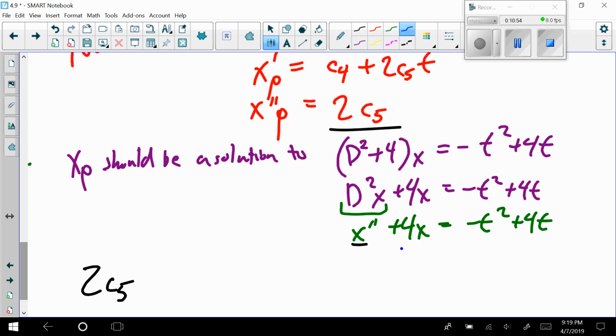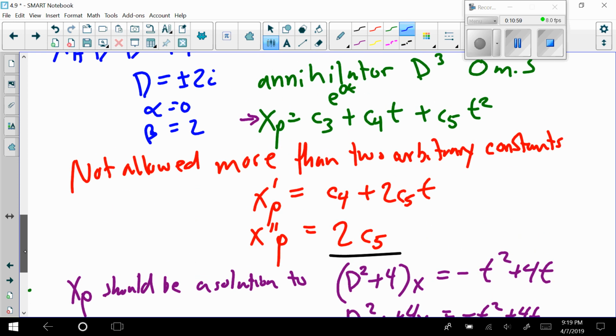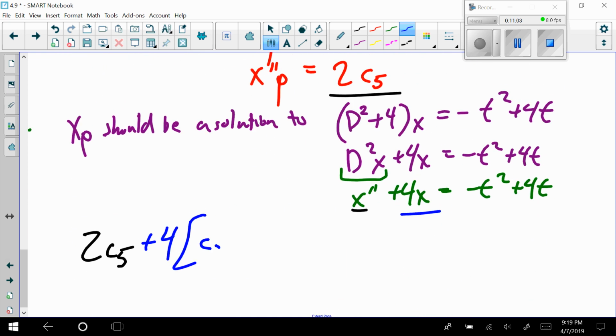I know 4 times, okay, well, my particular one was c sub 3 plus c sub 4t plus c sub 5t squared. And that should equal negative t squared plus 4t.